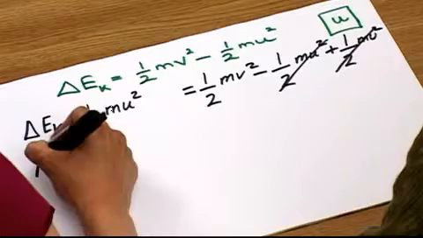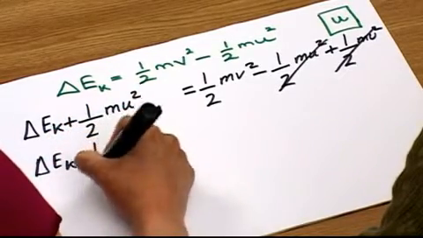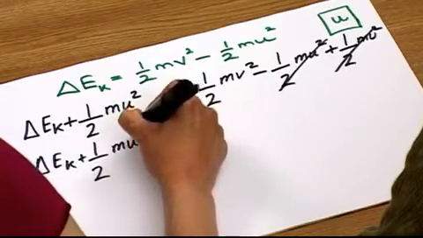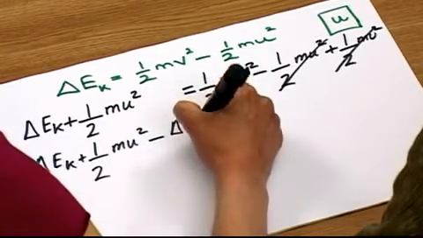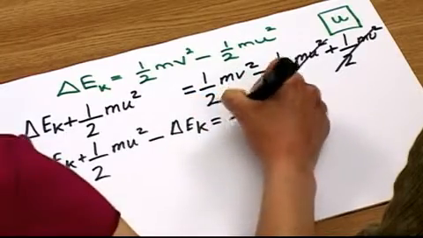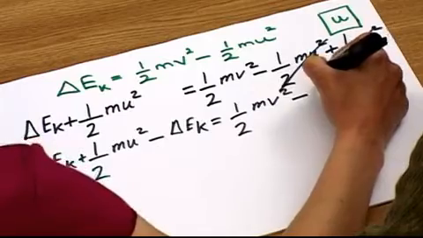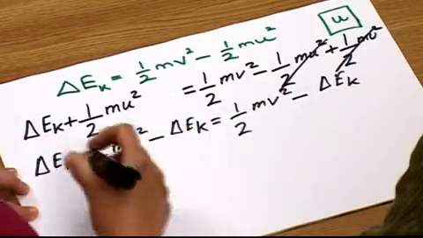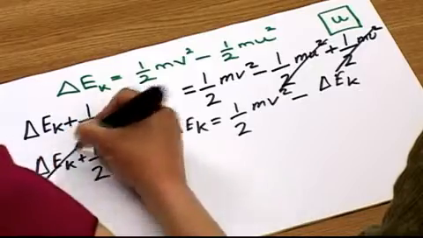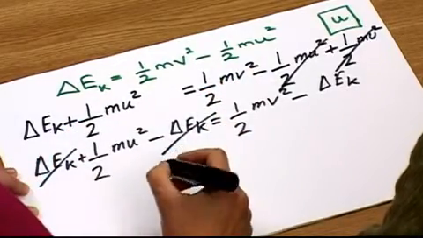So delta EK plus a half mu squared minus delta EK is equal to a half mv squared minus delta EK. And these two terms cancel each other out. EK minus EK is 0.